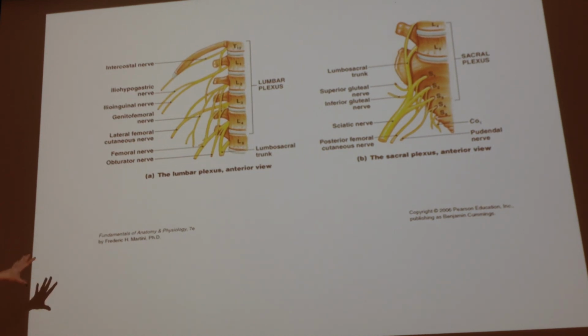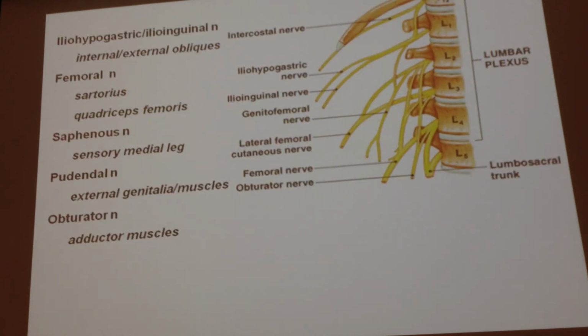And that brings us to the lumbar plexus and the sacral plexus. And we don't worry about the components, the cords and divisions and stuff of the plexi. So just the nerves that are components of those plexi.